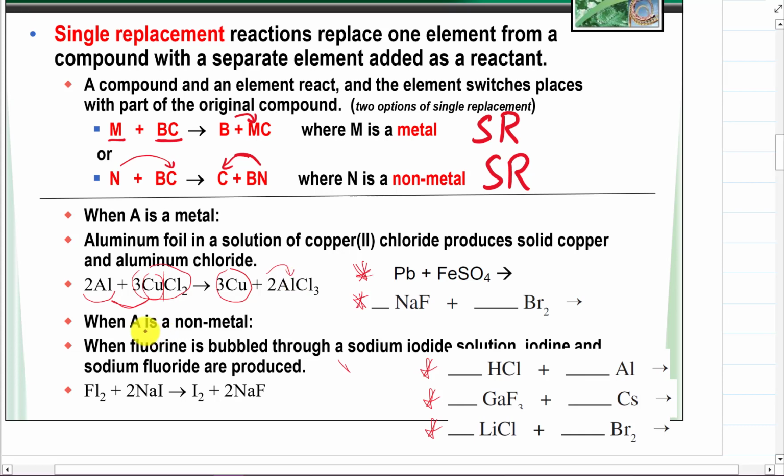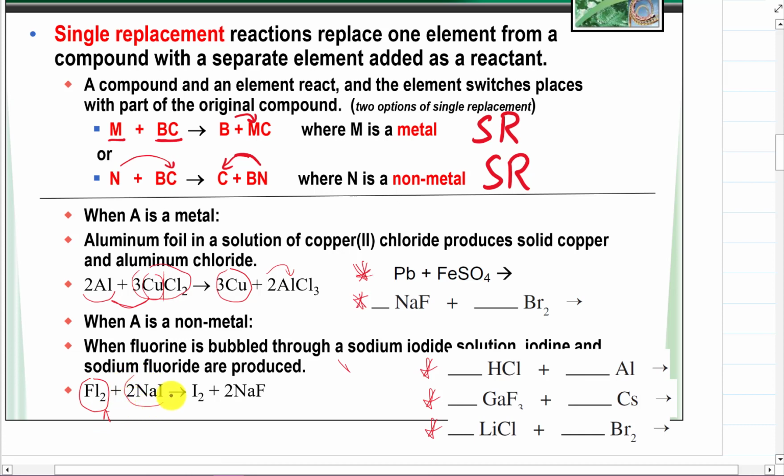Okay? The second option down here is when A is a nonmetal. So when fluorine is bubbled through sodium iodide solution, iodine and sodium fluoride are produced. So here, take a look at this. This is fluorine, okay? And that fluorine is bubbled through. That is a nonmetal.